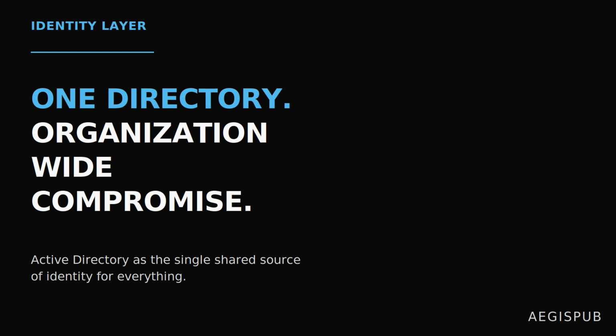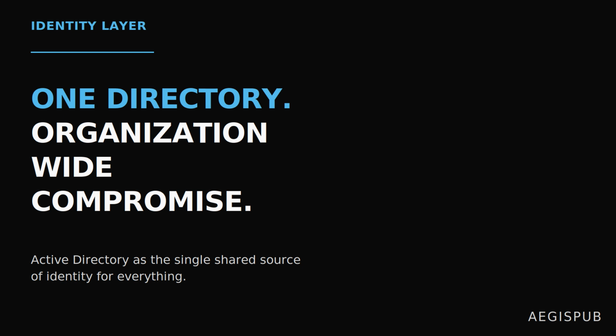This is a single shared mechanism for identity. Its compromise is not a single application compromise. It is an organization-wide compromise, because every system that relies on that directory for authentication decisions now has an adversary sitting in its trust chain.